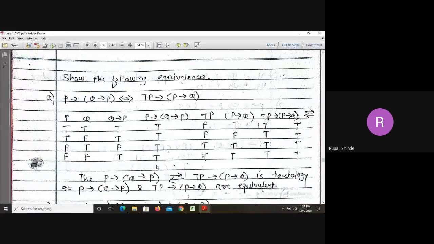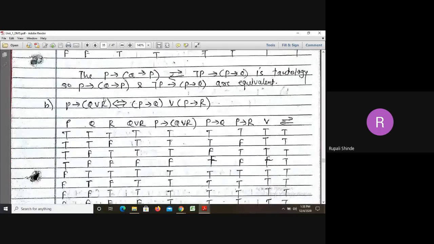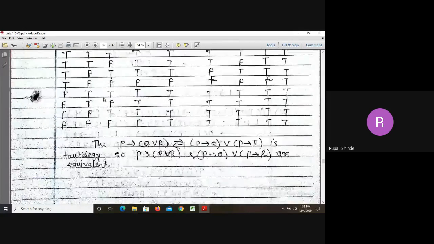Now observe here, all the values are T in both the columns. TT, again TT. So if you take biconditional, you will get final column that is containing all T's. That's why these two formulas are equivalent. So likewise, we can prove this equivalence.